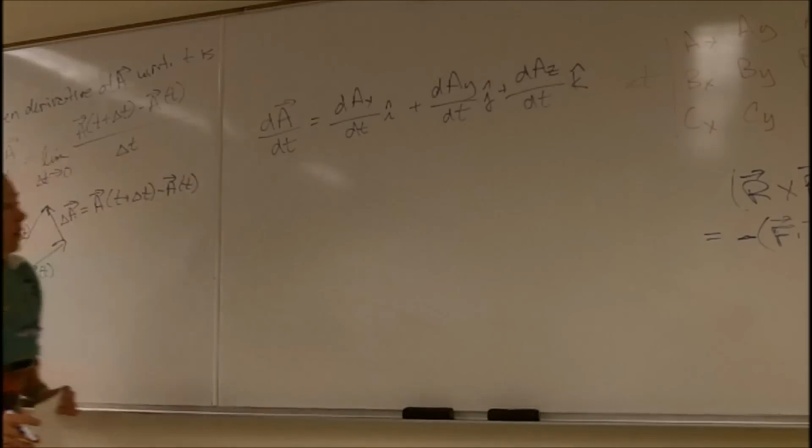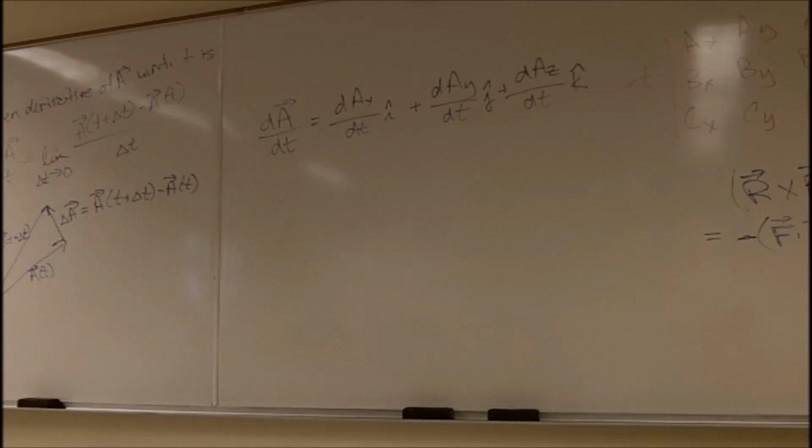This is exactly what you would expect: if you take the vector A written in terms of components like this and take the derivative with respect to time, it will give you that expression.